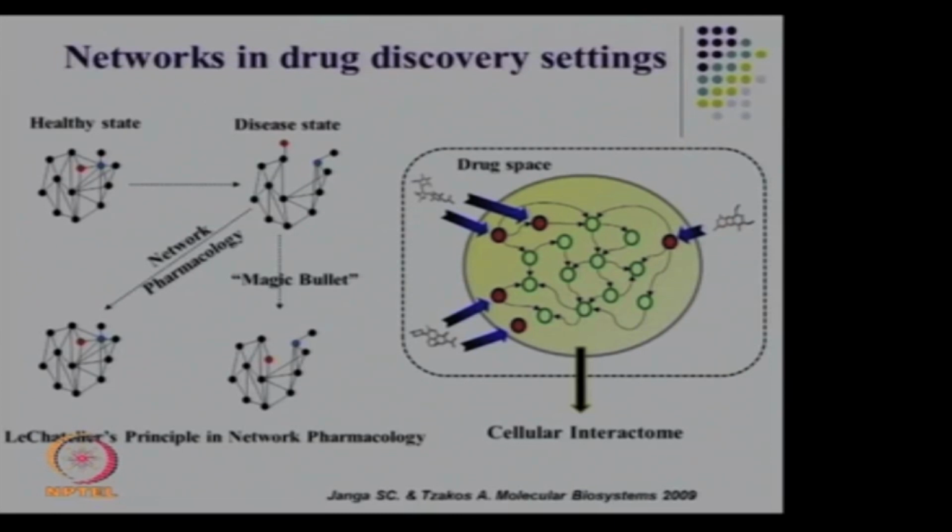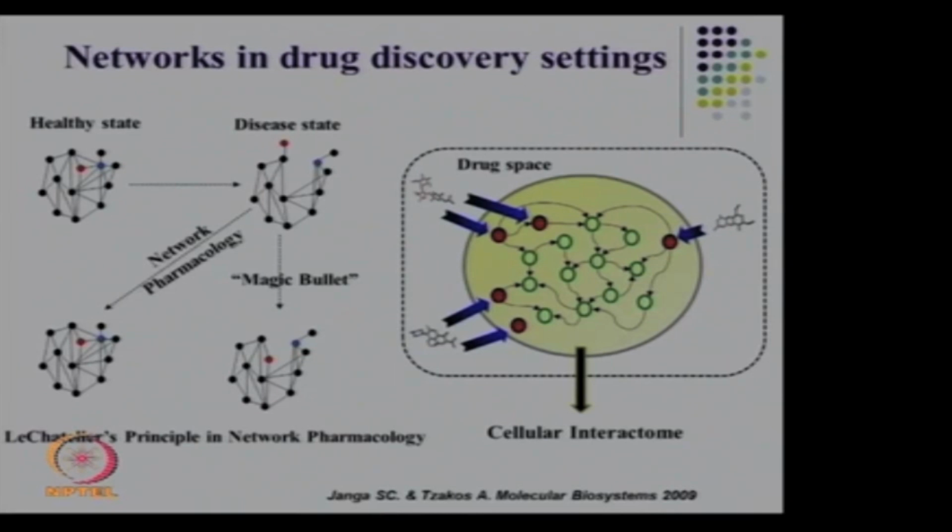According to the idea of Paul Ehrlich and others, the magic bullet approach suggests that the conversion of the disease state to the healthy state should involve one, or most likely one particular drug, which is non-promiscuous and specific to a particular drug target, so that you have minimal off-target effects.